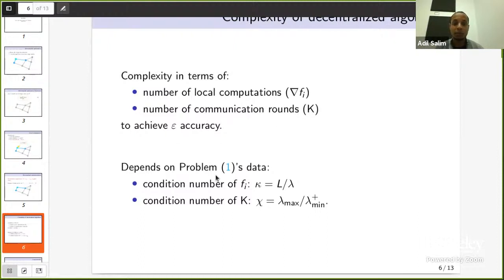This complexity is given in terms of the problem's data: the condition number of the local cost functions fi, which is kappa, the ratio between the smoothness constant and the strong convexity parameter, and the condition number of the gossip matrix, which is the ratio between the maximum eigenvalue of the gossip matrix and the minimum positive eigenvalue. So this defines kappa and K.